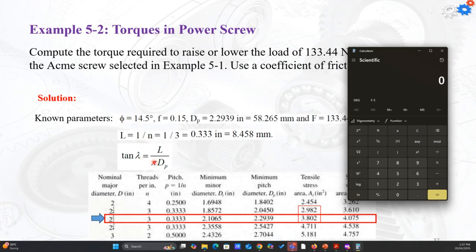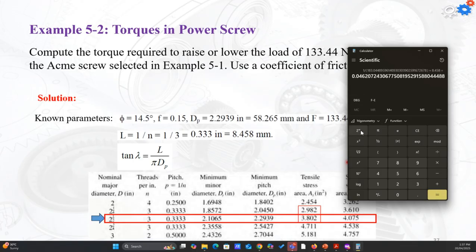Once again, we need L divided by pi dP. The dP is given to us as 58.265, times pi, then inverse that and multiply by 8.45.